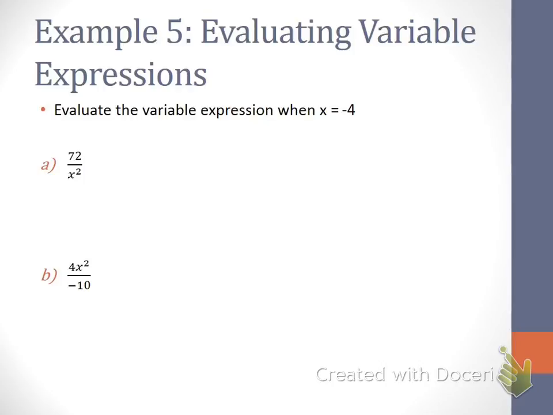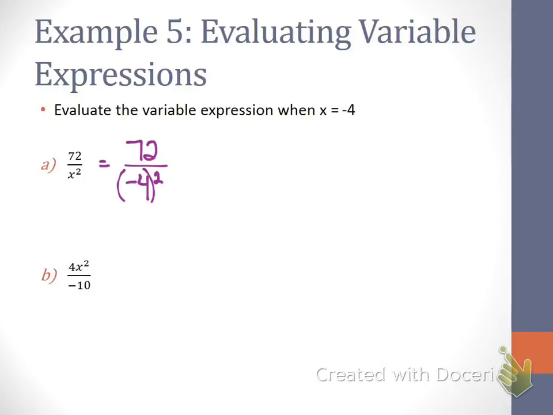Now, in example A, we have 72 divided by x squared. So we're going to plug in our value, 72 over negative 4 squared. Now, here's my rule. Are you ready? Anytime you raise a negative number to an exponent, I need you to put it in parentheses. And this is why, okay?